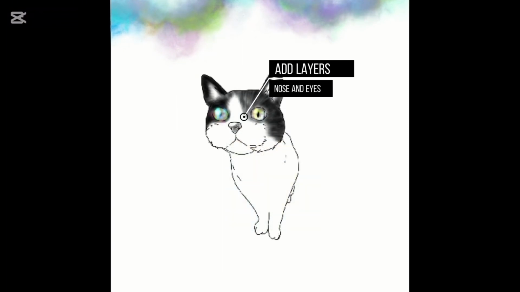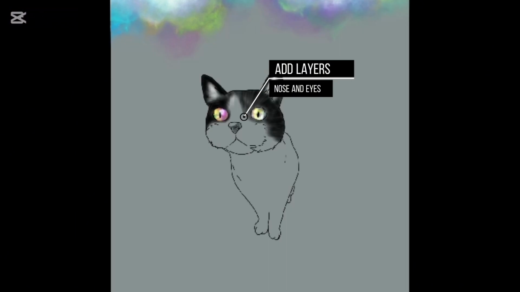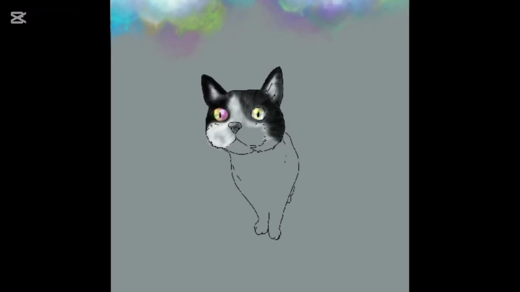Here, I'm making a separate layer for the nose and another one for the eyes. In this last one, I'm using color because it's supposed to reflect the environment, which you'll see when we get to the foreground.